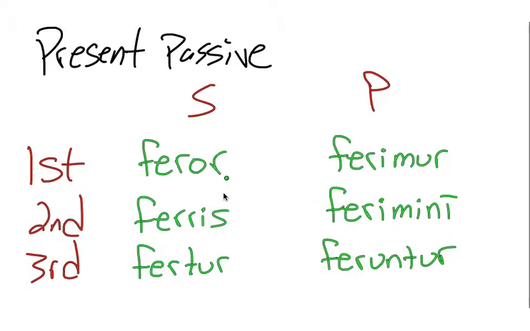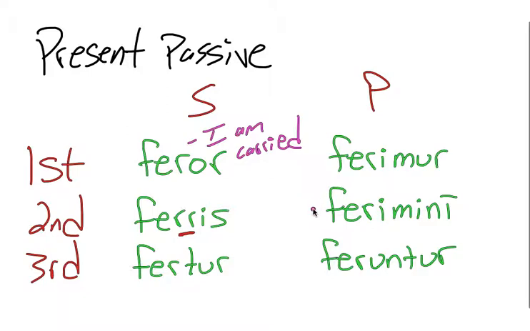So feror, ferris with two R's, fertur, ferimur, ferimini, feruntur. And if you're translating these, feror, I am carried, or I am brought, or you could say I am born, as in the passive form of to bear. So that's the present active and present passive.